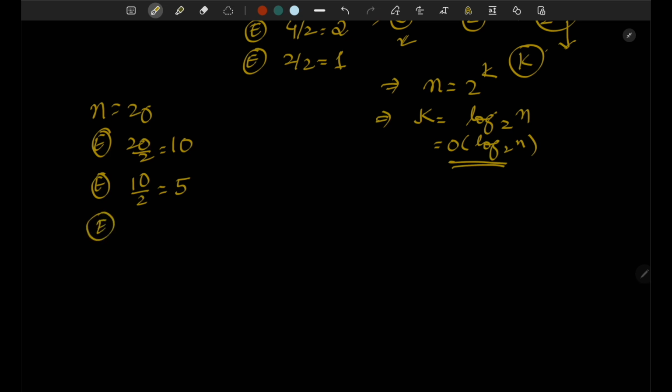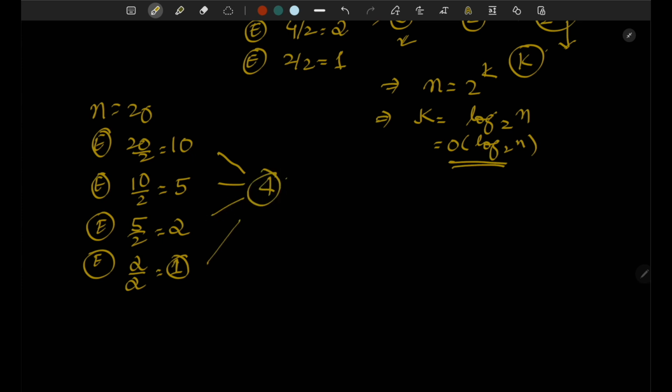We again enter the execution, we divide by 2, it becomes 2. We again enter the execution, we divide this by 2, it becomes 1. Now 1 is certainly not greater than 1, so we could conclude that this got executed 4 times, right? So we can write this as log of 20 to the base 2.